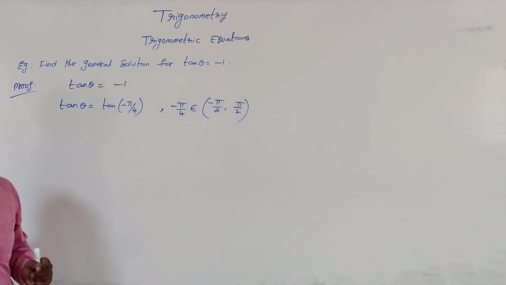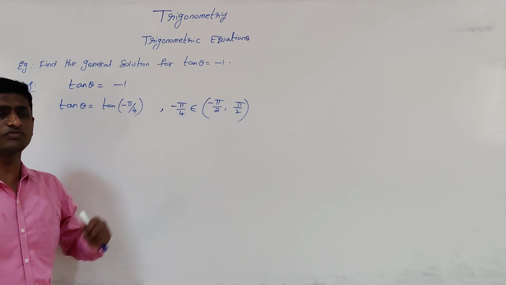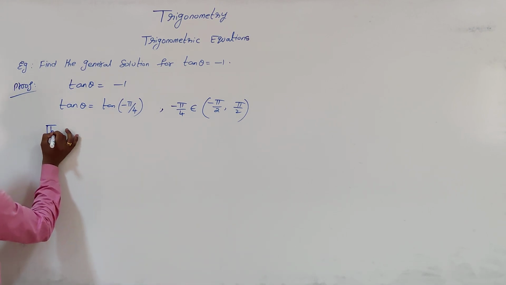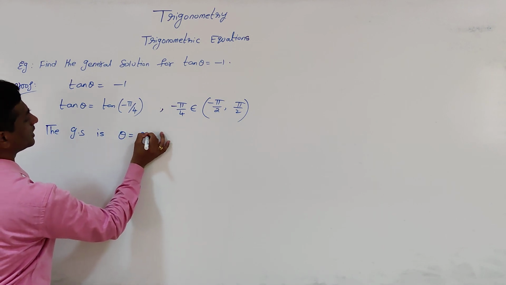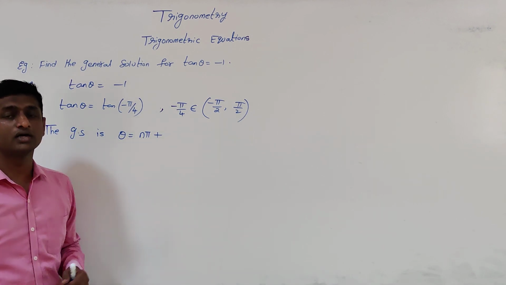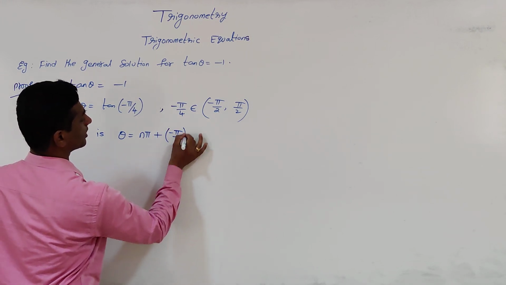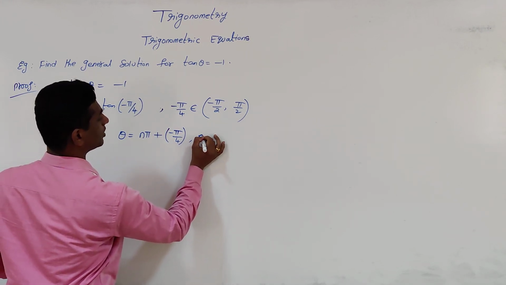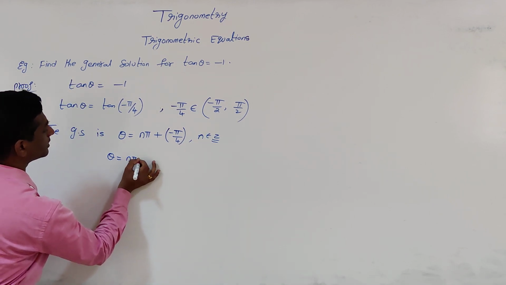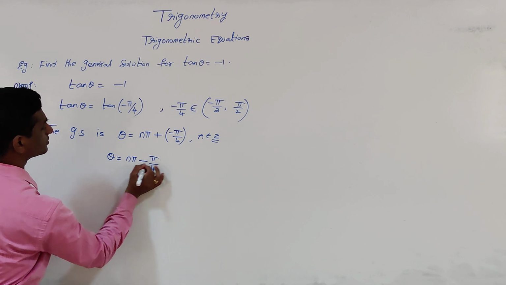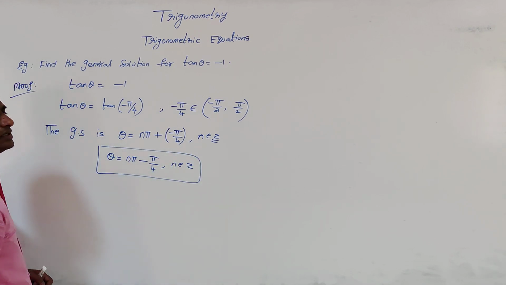Means it is in the form of tan theta is equal to tan alpha. If tan theta is equal to tan alpha, then what is the general solution? The general solution is theta is equal to n pi plus alpha. But what is alpha? It is minus pi by 4, where n belongs to z. So theta is equal to n pi minus pi by 4, where n belongs to z. That is the general solution for theta.